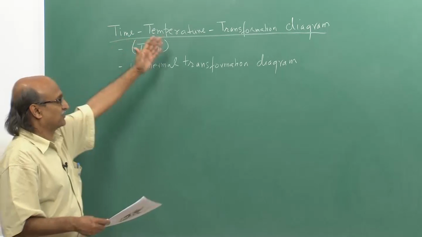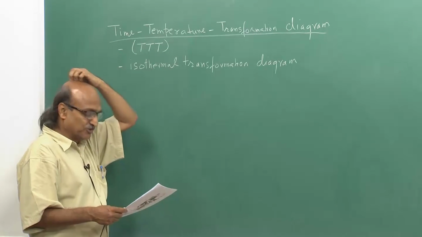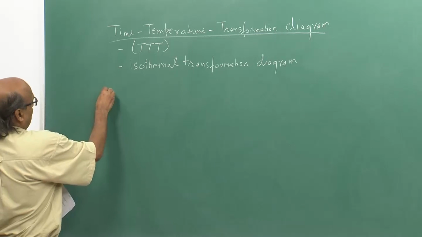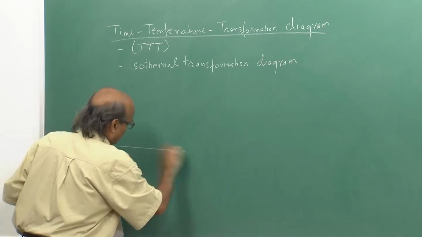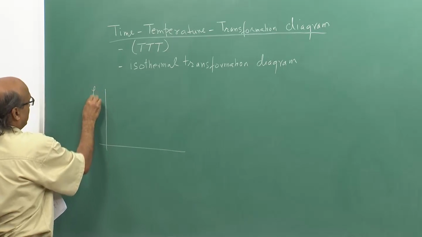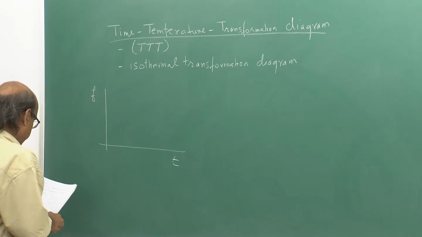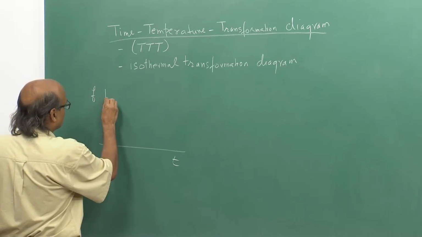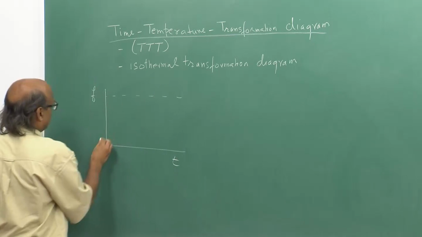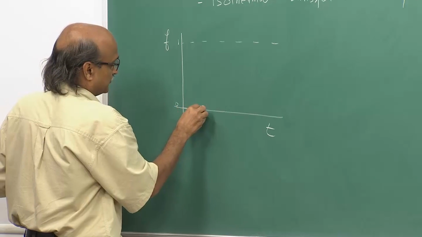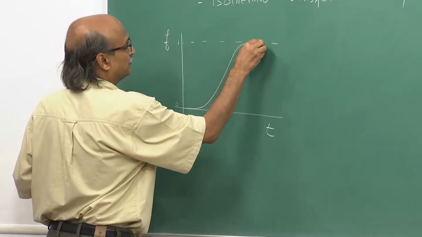In order to construct this diagram, let us start with the Avrami function or the Avrami plot of f versus t, fraction transformed versus time, which we saw in the last lecture is a sigmoidal curve, something like this.